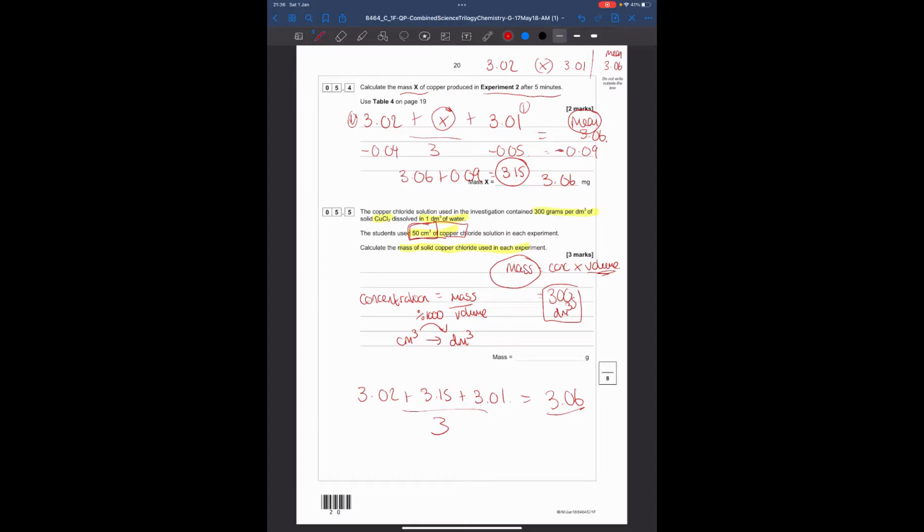So 50 divided by 1,000 equals 0.05. So our volume that we would use is 0.05 decimetres cubed. Times that by our concentration, which is 300, equals 15 grams. So you'd get 1 mark for figuring out the correct equation and substituting it in, and then 1 mark for getting to your final answer.